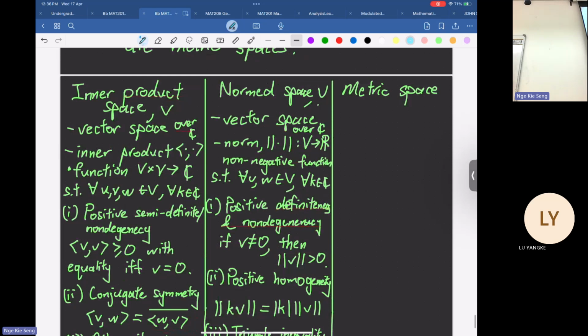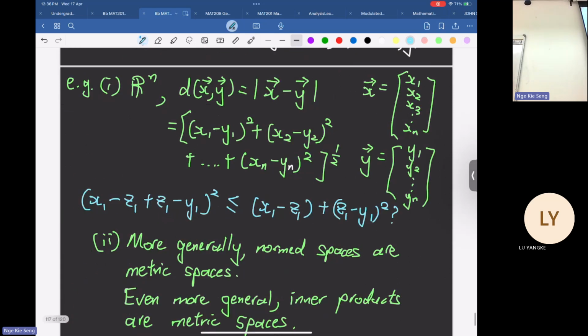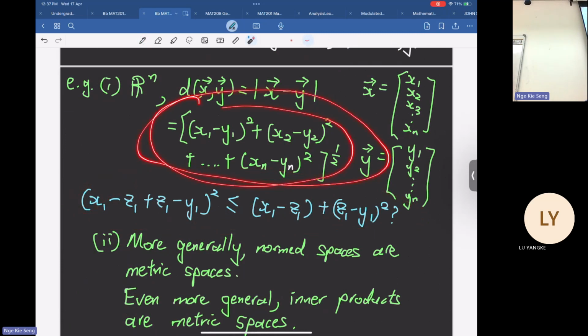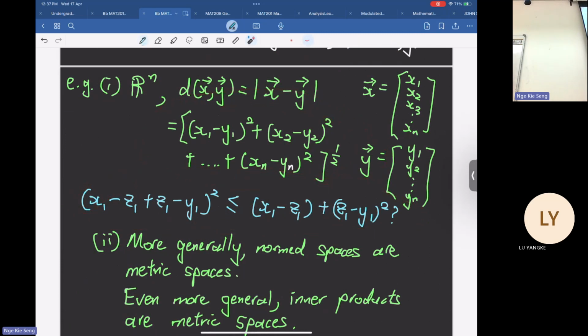So now I have proved to you that an inner product space gives you a norm space, and then you can check that the norm space actually gives you the metric space. So the question is, this metric here comes from what inner product? What inner product can you define on Rn such that you get this metric? What's the Euclidean inner product?